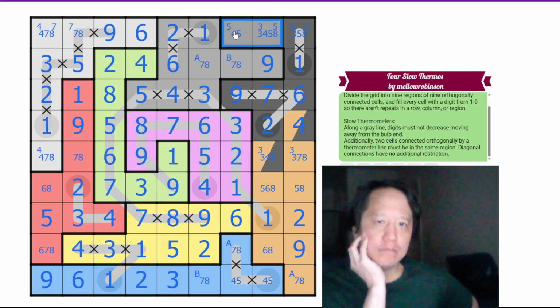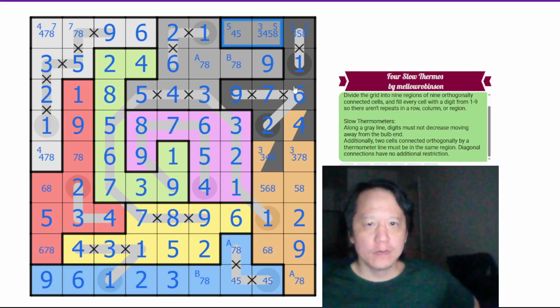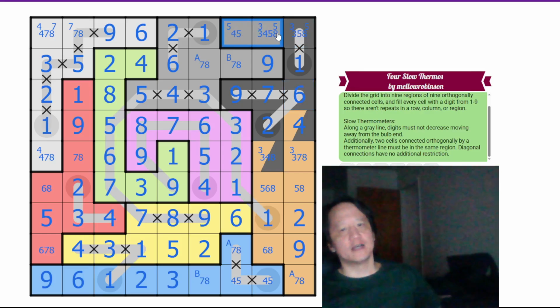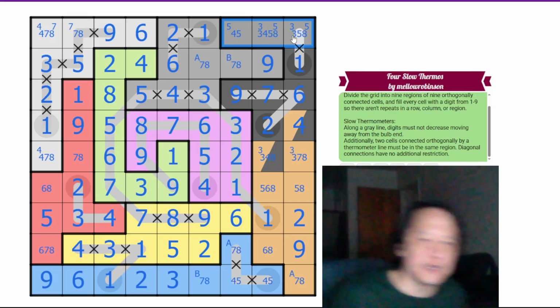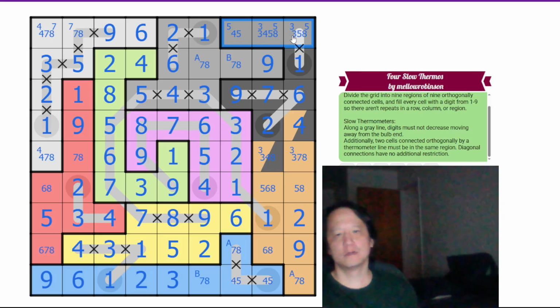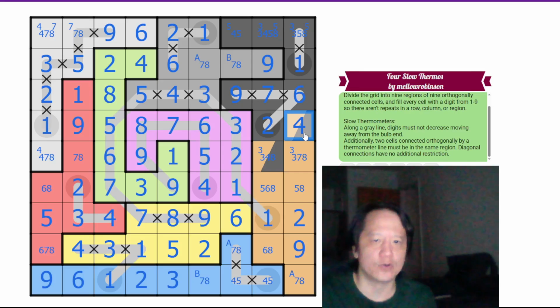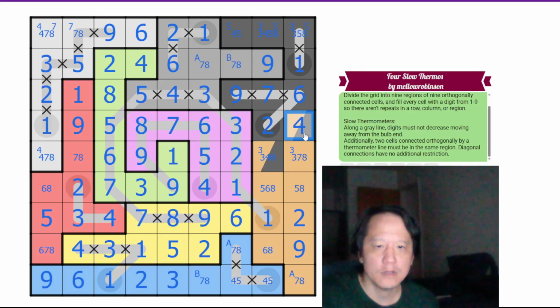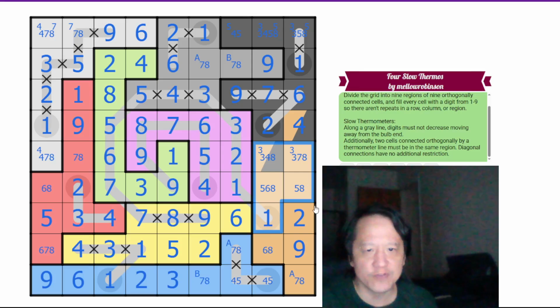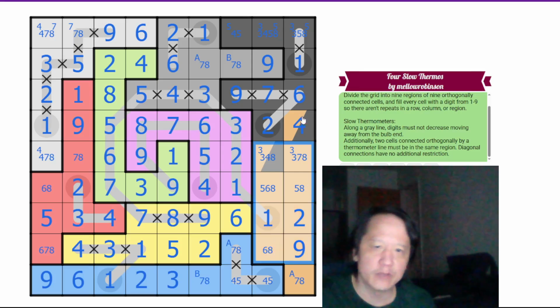So we have a guaranteed 3 or 5 here. The last one is 4 or 8. So could be this 4. Oh, orange needs access to a 4. Well, it could be that one also.